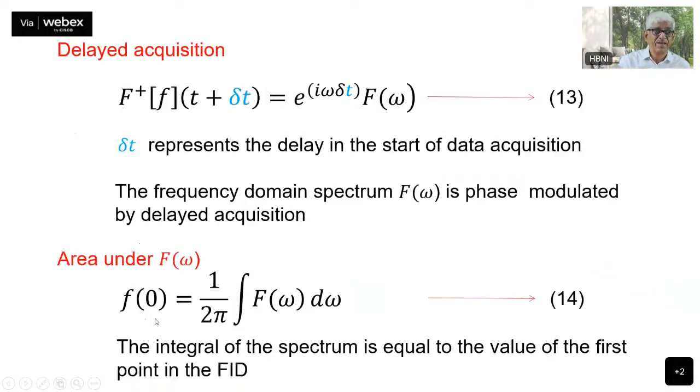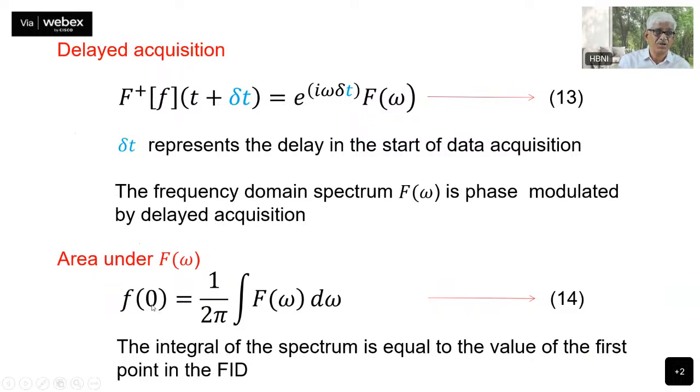Area under the F(omega), area under the curve. From the definition, you will see that e to the i omega t was there. So if t is equal to 0, what do you have? This is the integral of F(omega) d omega. That is f of 0 in the time domain: f of 0 is equal to the integral of the entire spectrum. Okay, the first data point is therefore very crucial.